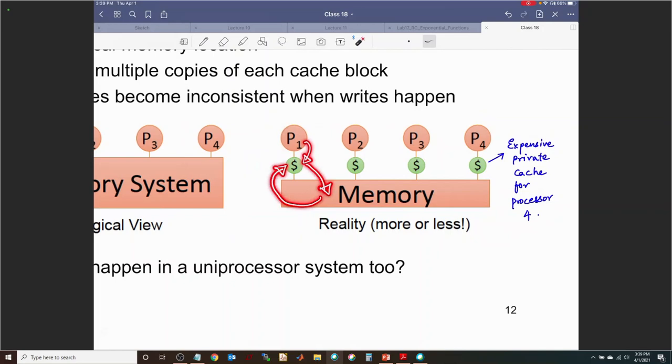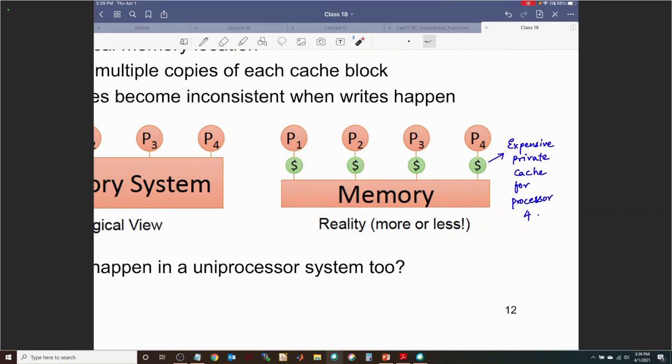And P2 could do the same thing. P2 could read the same memory location, try to find it in its cache, not there, bring it from the memory into the private cache of P2. So it could happen that the same memory location is present in the private cache of P1 and P2.